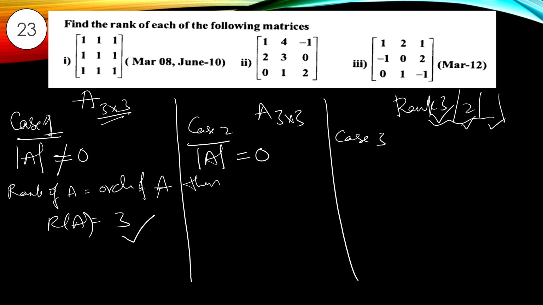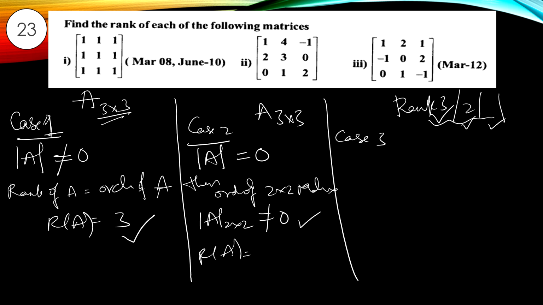Go with the order of 2 by 2 matrices. If the determinant of a 2 by 2 matrix is not equal to 0, then you can say the rank of A is equal to the order of that matrix. What is the order of this submatrix, the minor matrix? It is 2, right? So rank of A is equal to 2. If the determinant of a submatrix is not equal to 0, and the 3 by 3 determinant of A is 0, then we can say the rank of the matrix is 2.